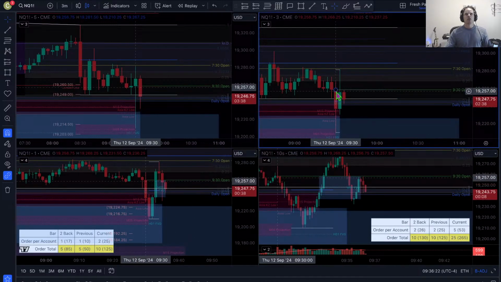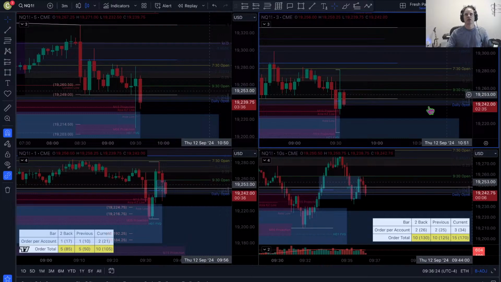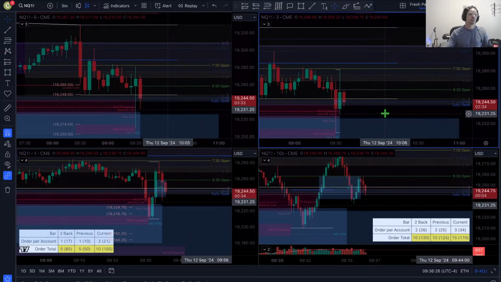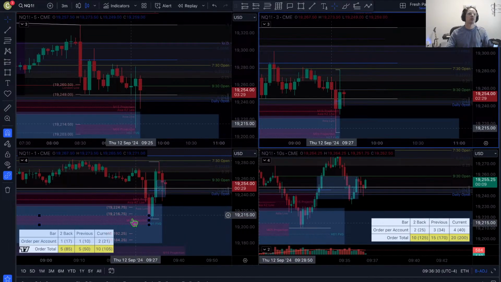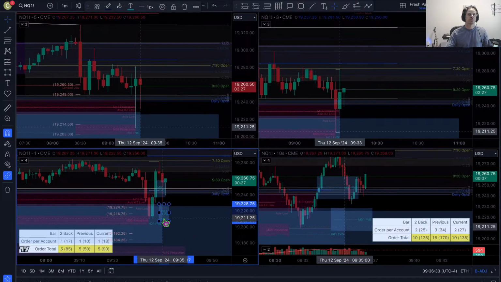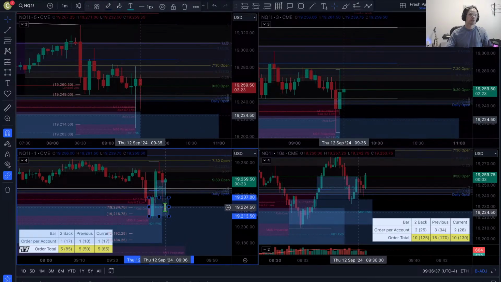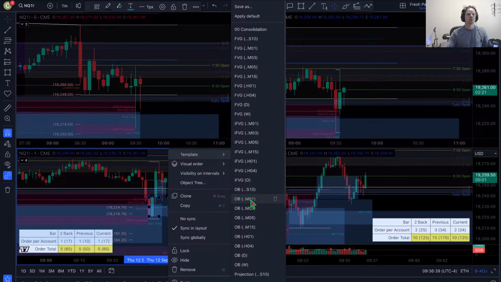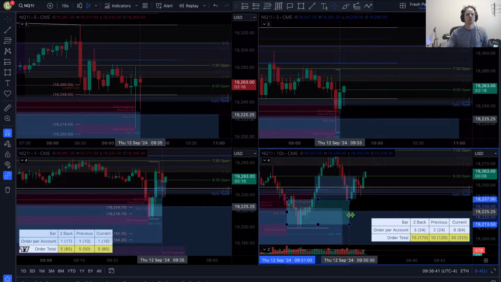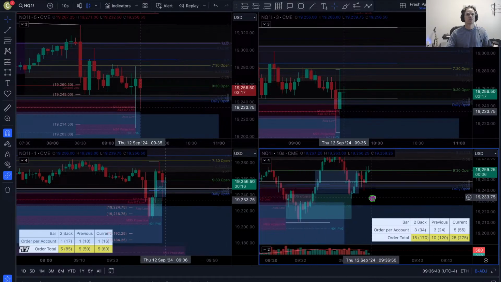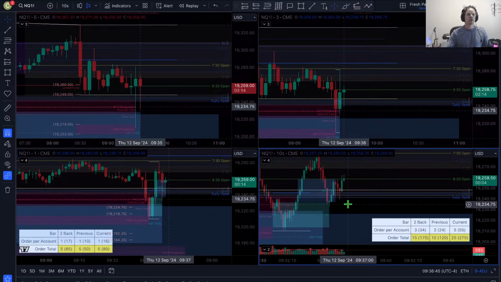M3 did not close above here yet, so we're still below the 930 open. You did tap your M1 order block there. Sort of getting a continuation here.